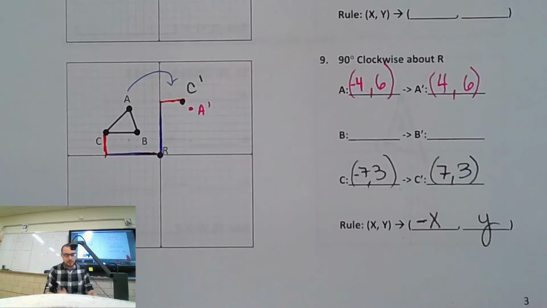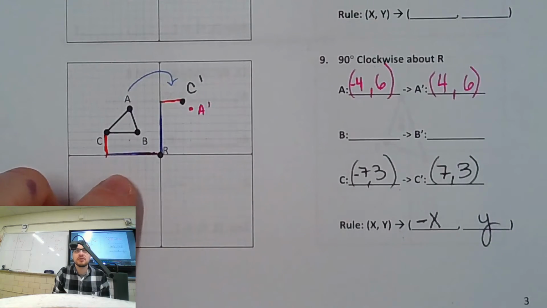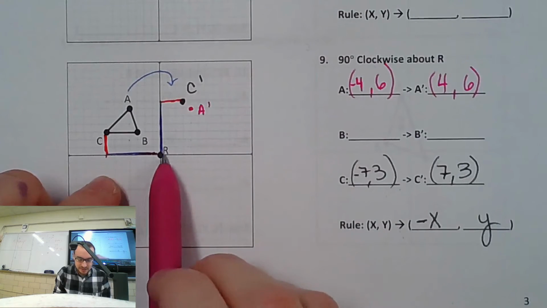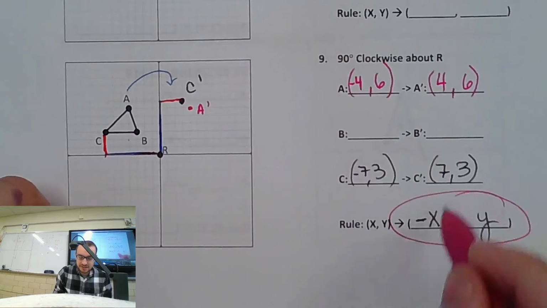So wait, what happened? How did I do it wrong? What do you mean I switched it? Why do I have to go over 6, up 4? Isn't this 4, 6? This is not a rule.